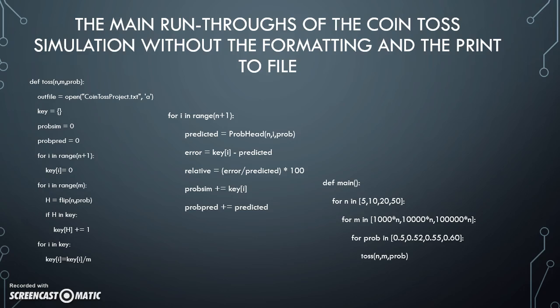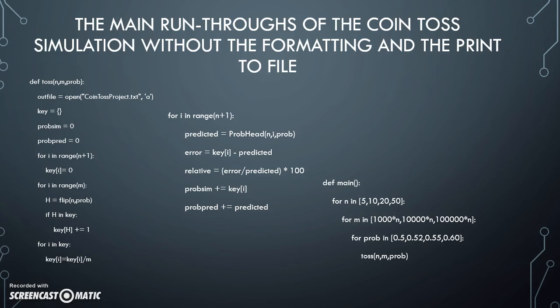So let's say it was 3, then it would add 1 to the 3 key. And then for i in key, it's going to change the value for the i key to be the percentage out of the number of sets that we did.